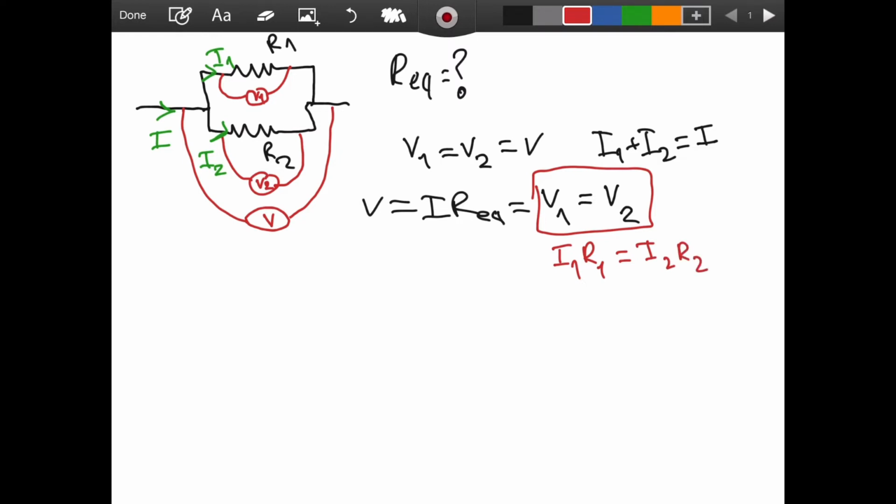And if we solve this equation for I2, we get that I2 is equal to I1 times R1 divided by R2. Okay, so we got this one.